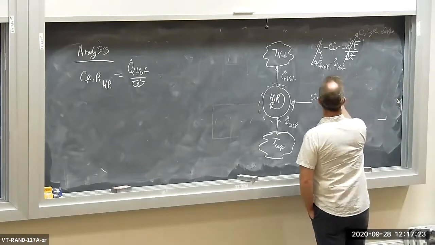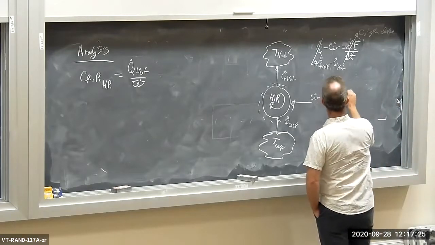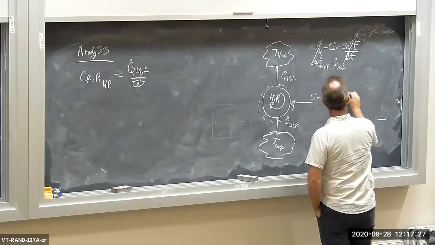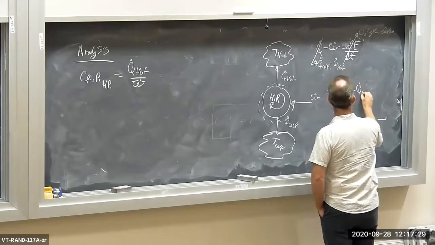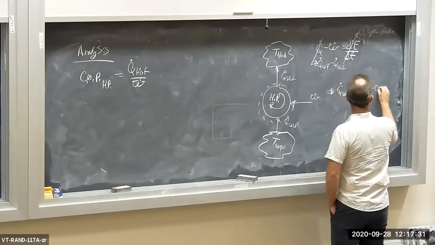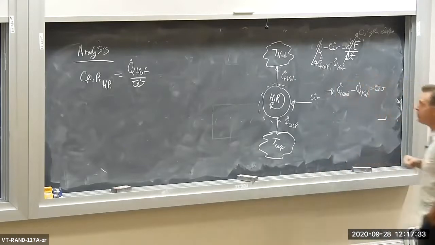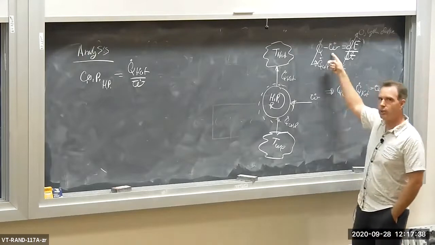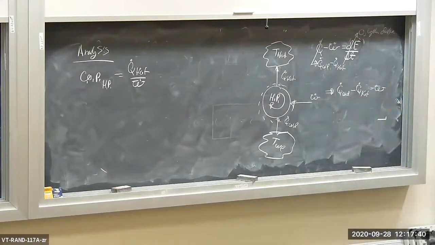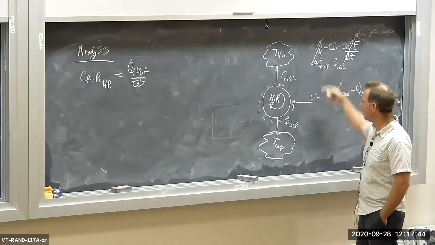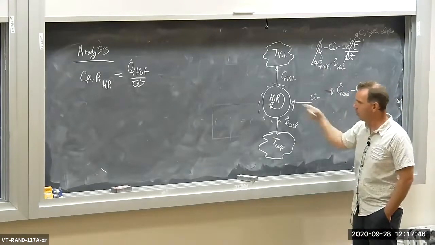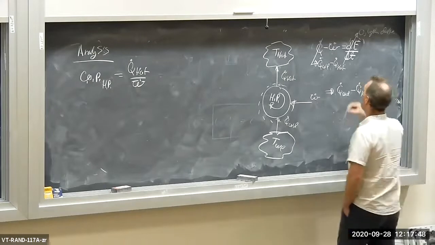Okay, let's write what I have left over. Q dot cold minus Q dot hot minus W dot. Actually, we have to be a little bit careful here. This W dot in the energy balance is done by the system, hence the negative sign. This W dot is done on the system.